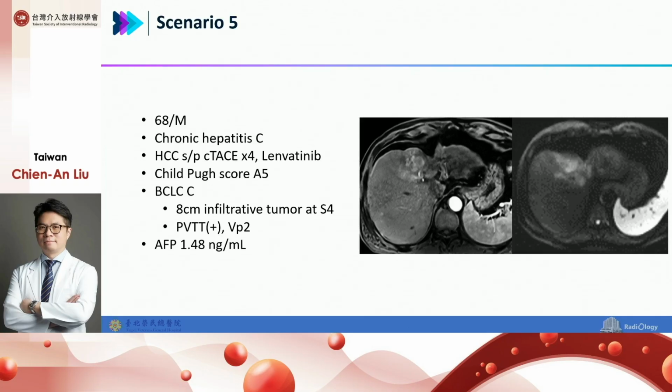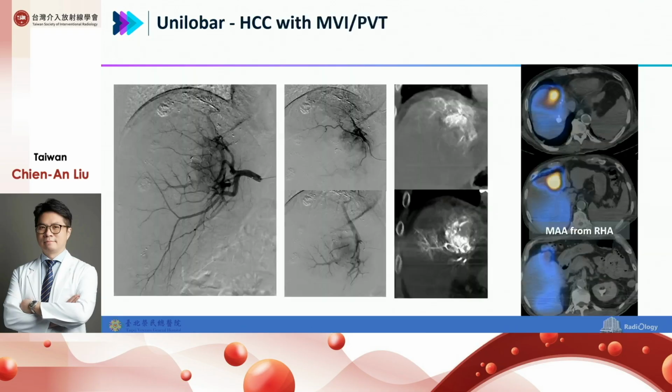So this is the portal vein thrombosis infiltrative tumor. In this case, you can see that there is a significant AP shunt. However, the shunt is to the ipsilateral side of the tumor, not contralateral.